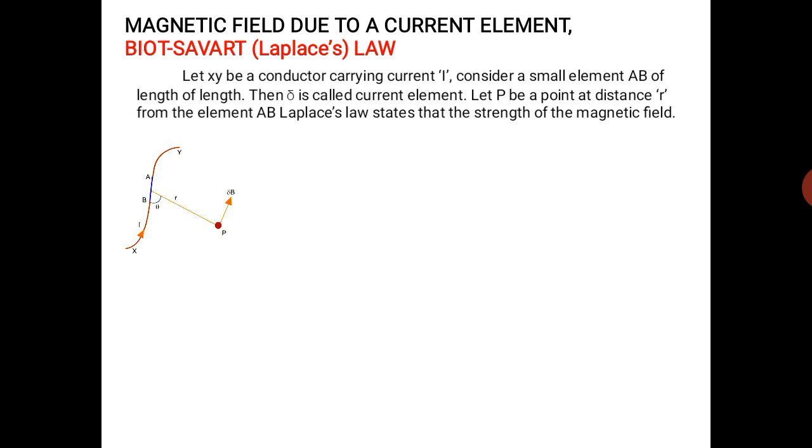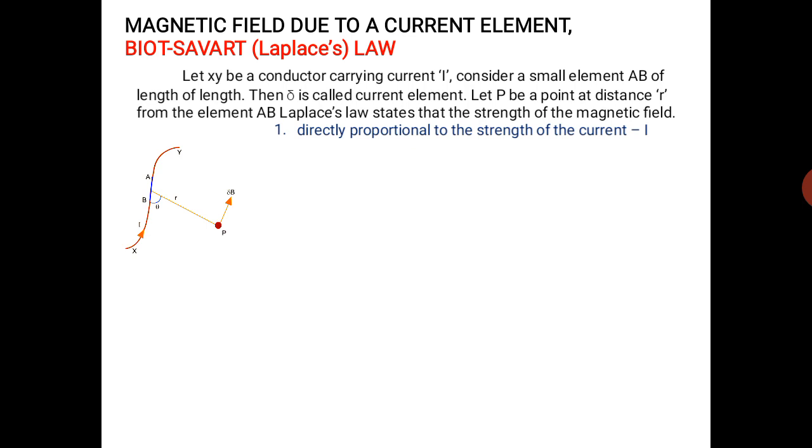So then, according to the Biot-Savart law, we want the magnetic field at P. You just have to draw one line which joins the current element and the point. Now the magnetic field dB at P is directly proportional to the strength of the current.